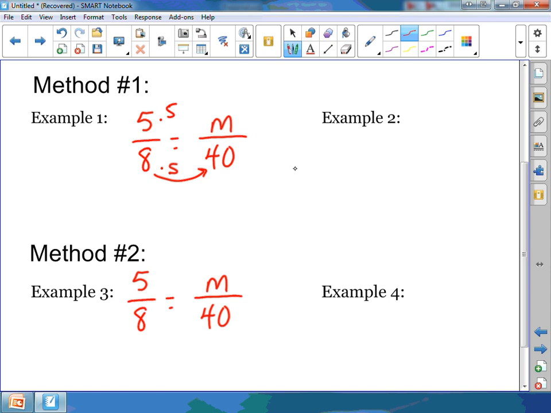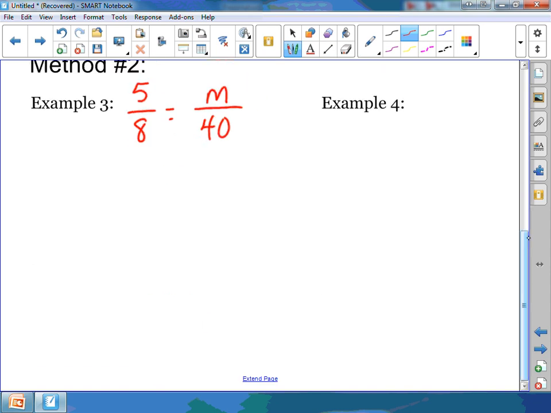Method 2 says, all right, I know that the product of 5 and 40 should be the same as the product of 8 and whatever m is. Well, 5 times 40 is what? You can just say it. 200, yeah? What do I do with 200 then? Leah? Yeah, so 8m should equal 200.